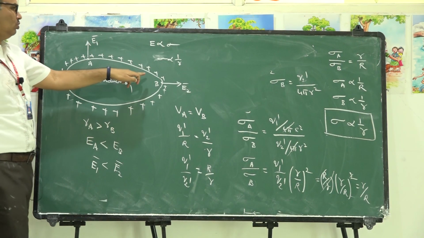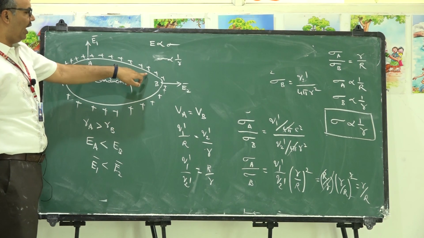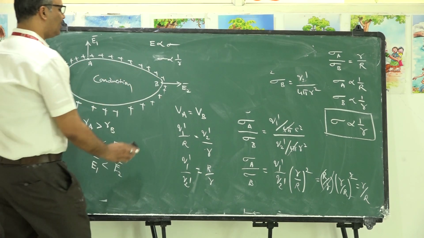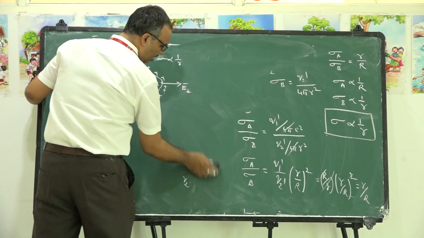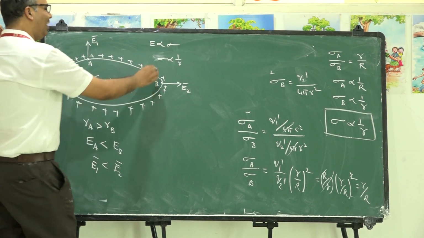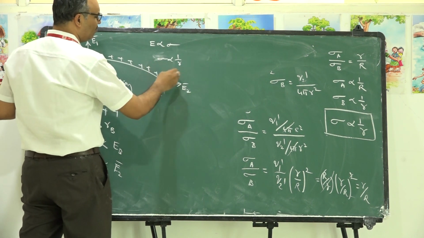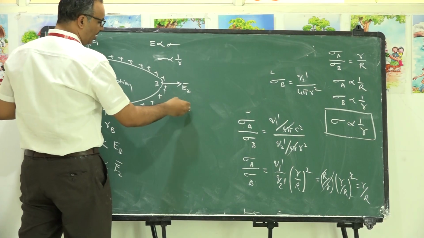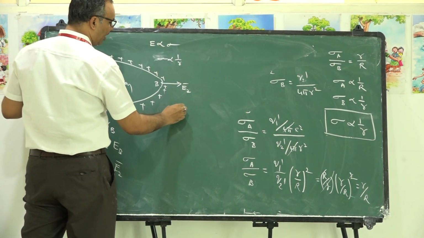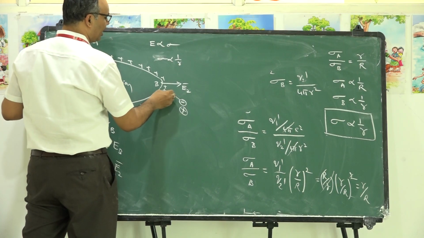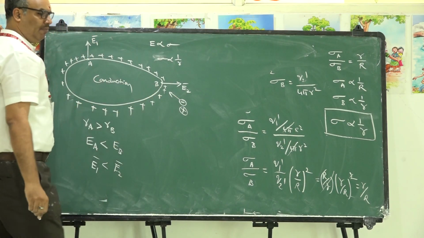What will happen due to the deposition of heavy charge at this sharp edge? There is a possibility. The strong electric field will ionize the air in its vicinity. Whatever air molecules are in the surrounding area will become ions, positive ions and negative ions. The negative ion is attracted by the positive charge here.